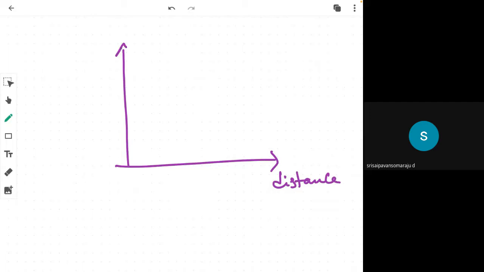If you plot the graph, this is distance and this is the voltage. This is corresponding to surge impedance loading.